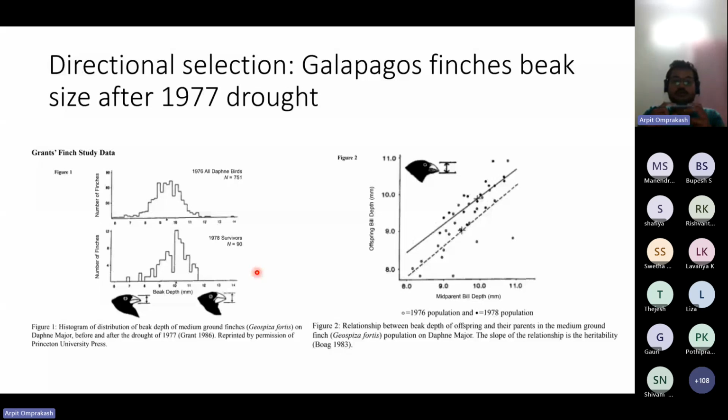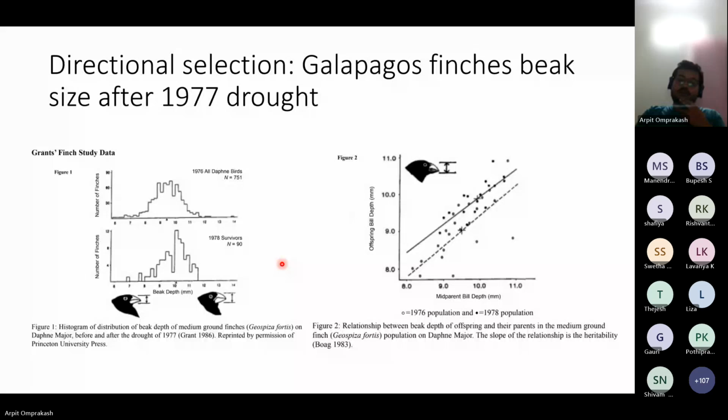So to break the seeds, you needed more force, and your beak needed to be bigger so that you can break these seeds and eat. So after the drought they again measured the beak depth of this population, and they saw that the beak depth had increased because now they are feeding on a different thing.